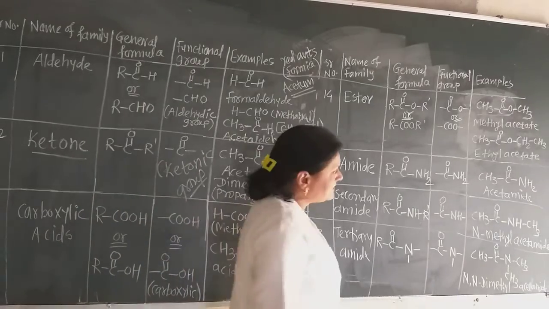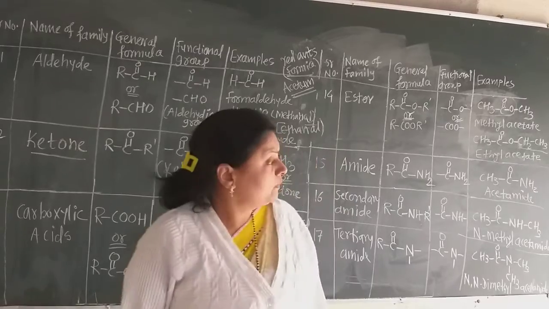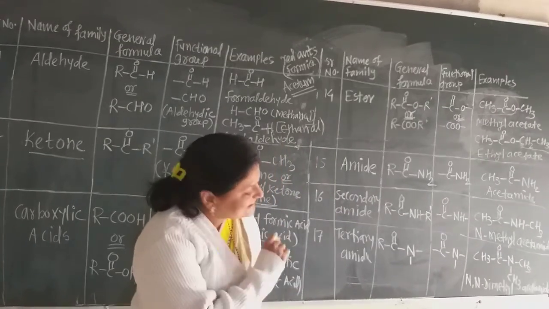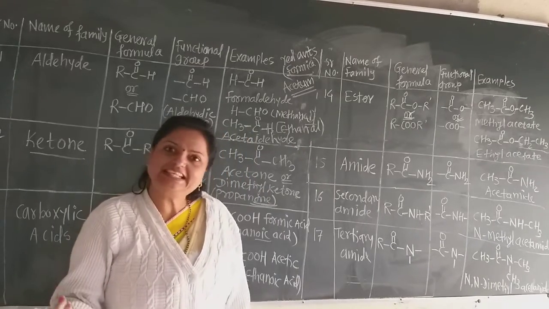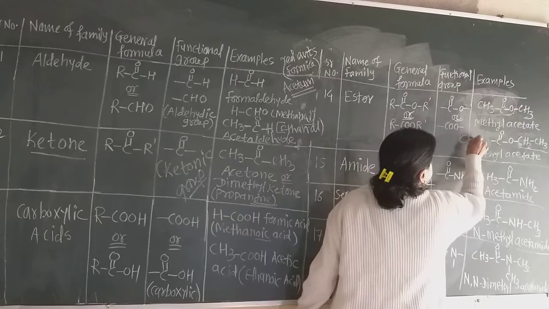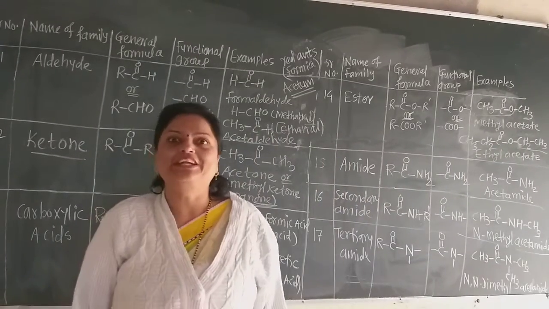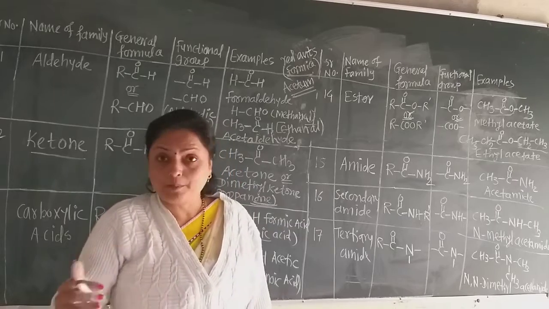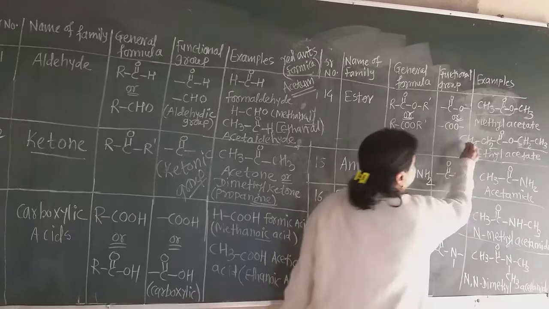Similarly, in the second example, there is the ethyl group. CH2CH3 means ethyl group. So the name is ethyl acetate, or in IUPAC name it is called ethyl ethanoate. If here again the CH3CH2 group is there, then what will be the name of that compound? It is also given from the back side, that is ethyl propanoate, because 3 carbon atoms are there.